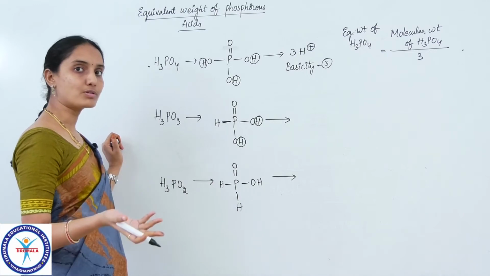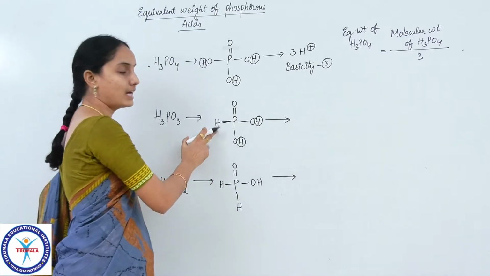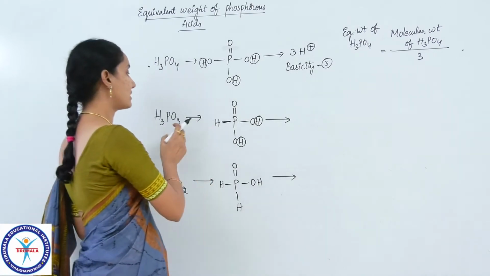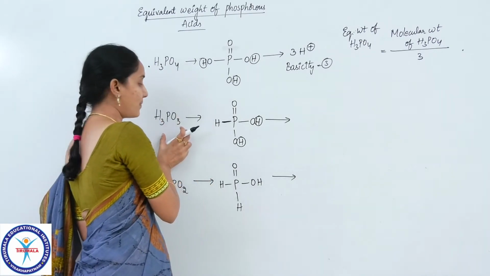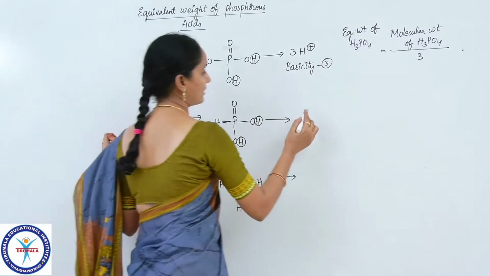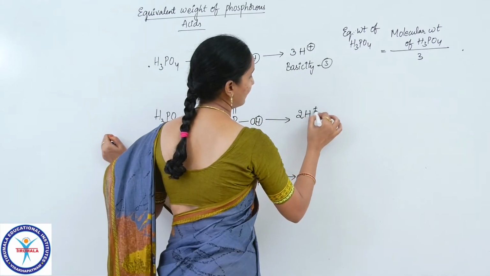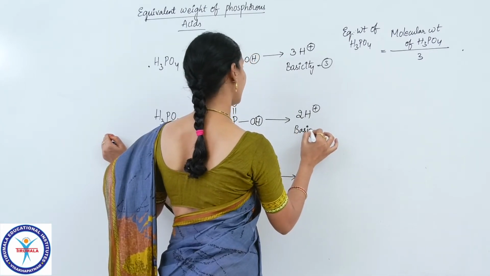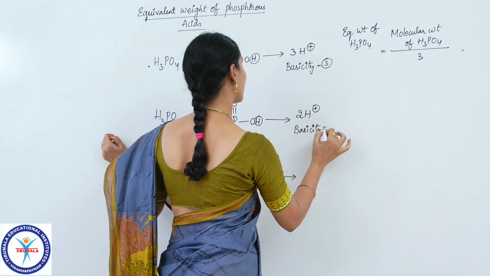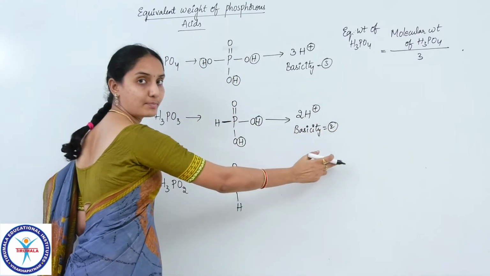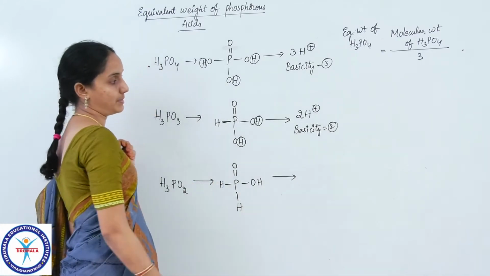But the hydrogen on phosphorus will not leave the compound as H+. So how many H+ can H3PO3 produce, children? 2 H+, so the basicity of H3PO3 is 2. Even though it contains 3 hydrogens, it can produce only 2 hydrogens as H+ ions.